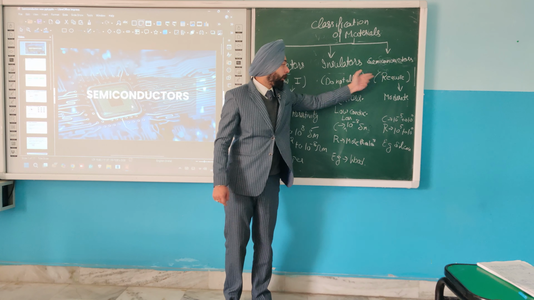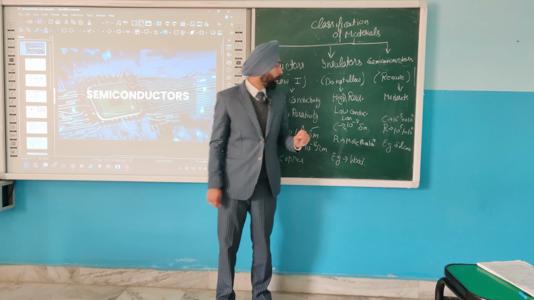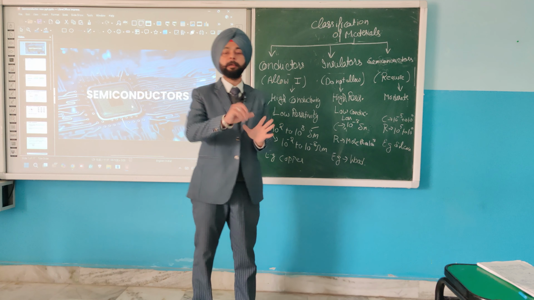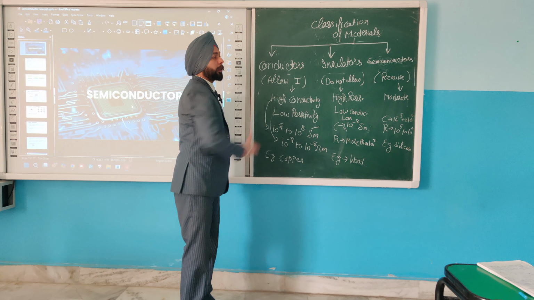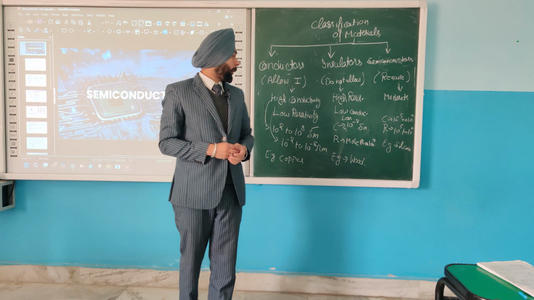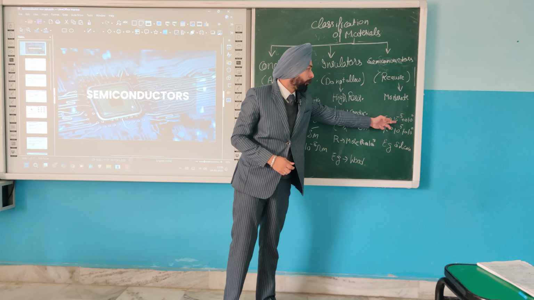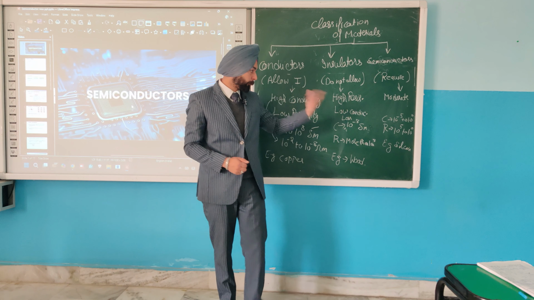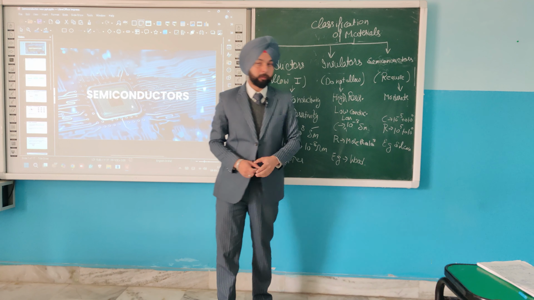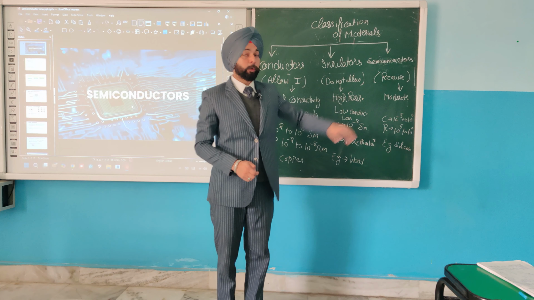If I talk about the semiconductor, moderate resistivity and conductivity means we can say it is in between conductors and insulators. Conductivity value is 10 raised to the power minus 5 to 10 raised to the power 0, and resistivity 10 raised to the power 5 to 10 raised to the power 0.